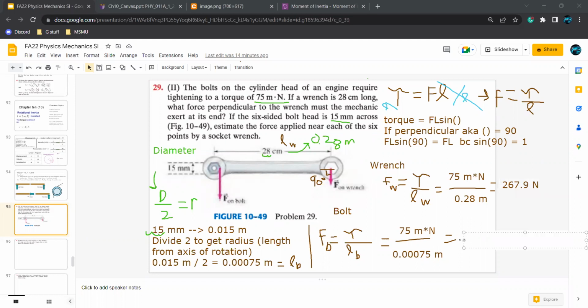And then 75 divided by 0.00075 is 10,000. No, wait, more. 100,000.